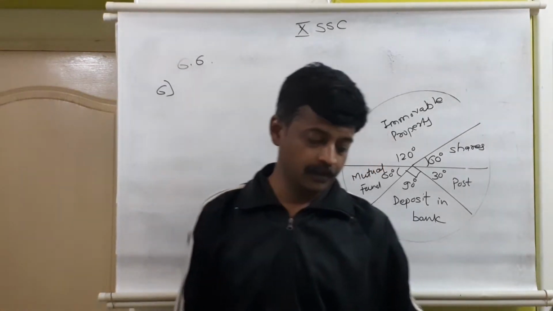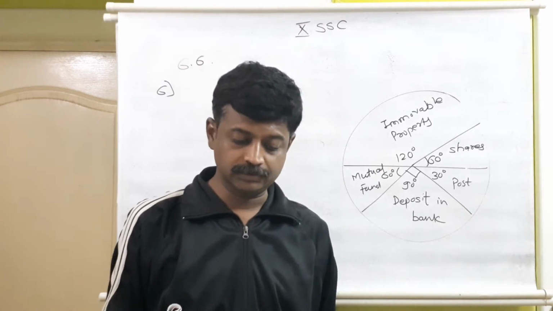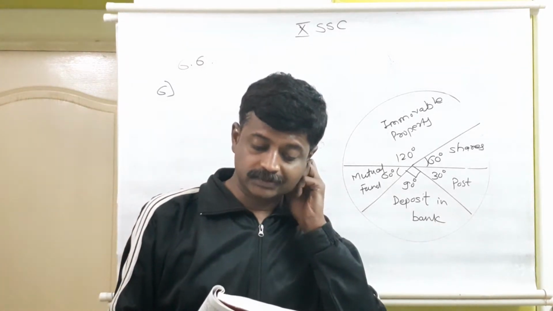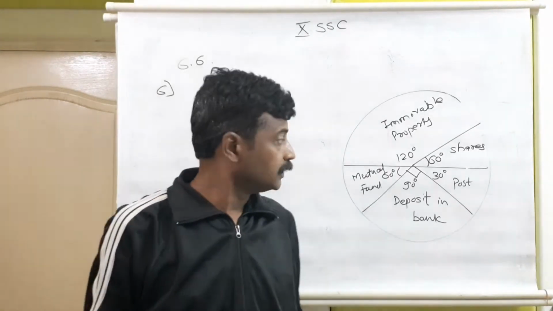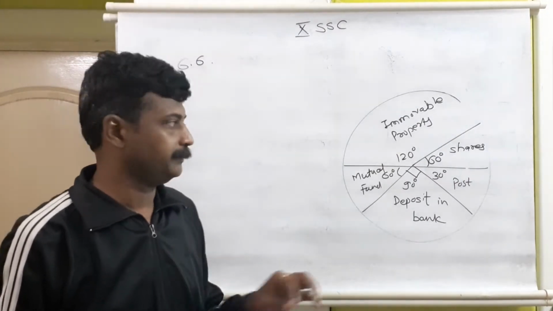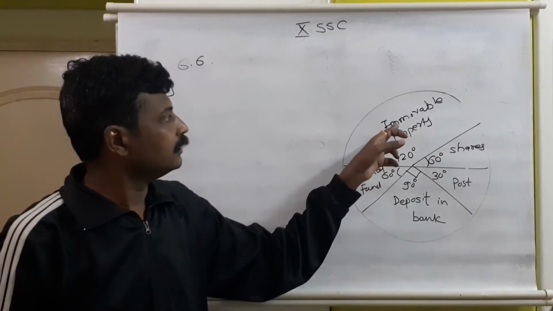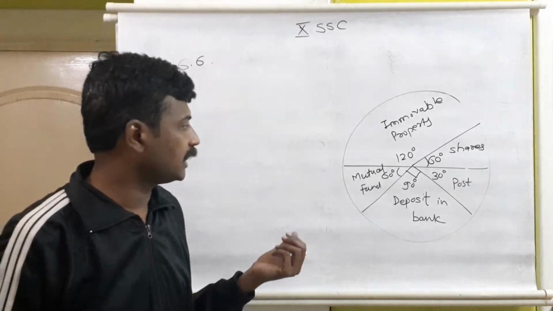The question says the annual investments of a family are shown in the adjacent pie diagram. Answer the following questions based on it. So this is the annual investment of a certain family. In shares 60 degrees, immovable property 120 degrees, maybe house or land.